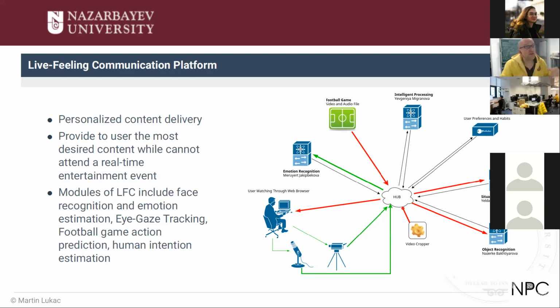However, let's say you are a fan of a particular player or a particular type of action that you cannot see, because it is not what the operator chooses to show you. Therefore, we decided to investigate a system based on real-time analysis of your expressions and your intention of what you want to see, so that what you want to see will be shown to you.